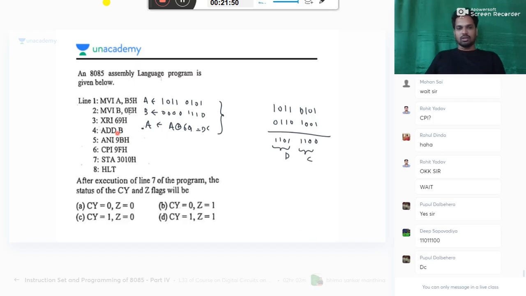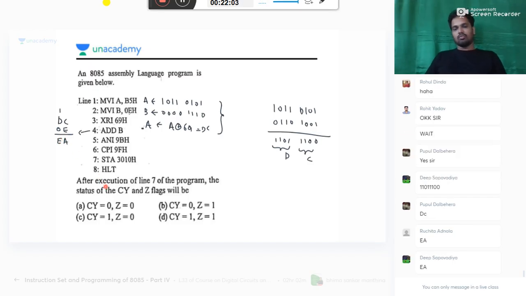Then add B. DC is added with B, which is 0E. Add C and E, you get A with a carry of 1. If you are not comfortable with hexadecimal, just convert into binary or decimal in your mind and add.